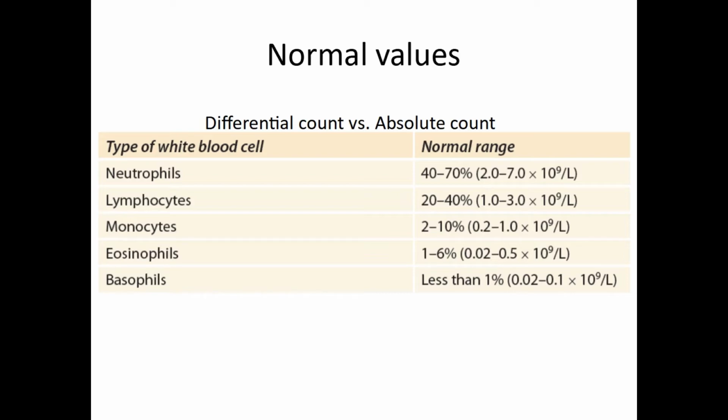Next abundant is the monocyte, which is 2 to 10% of all the WBCs, accounting for 200 to 1000 cells per cubic millimeter. Eosinophil 1 to 6%, accounting for 20 to 500 cells per cubic millimeter, and basophil, which is 0 to 1% in differential count, accounts for 20 to 100 per cubic millimeter.